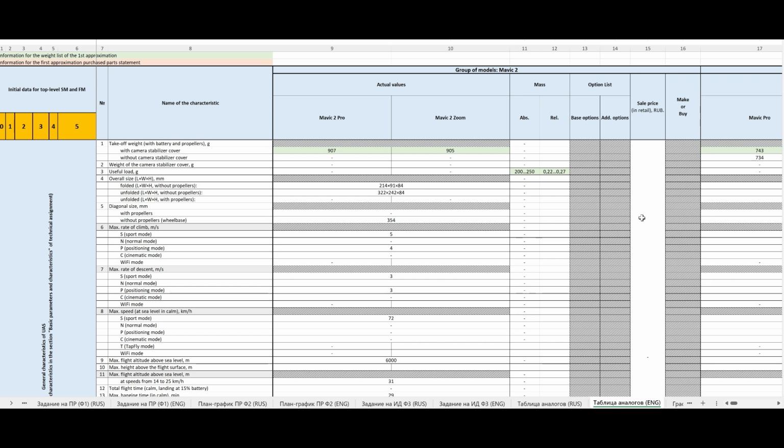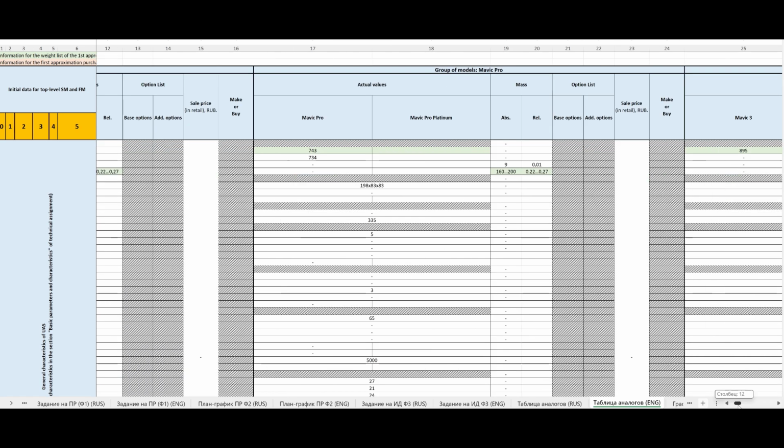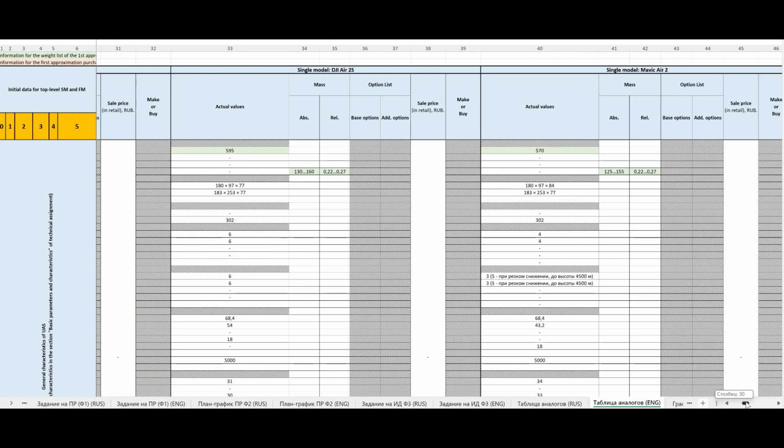The next drones, weighing 0.5 kilograms, have a price of about 150,000 rubles. Drones weighing 0.25 kilograms, about 75,000 rubles.